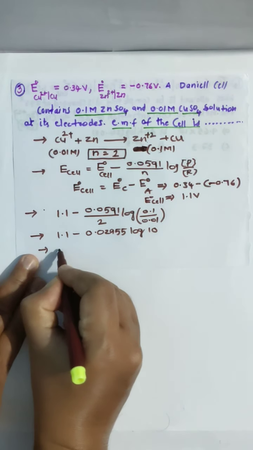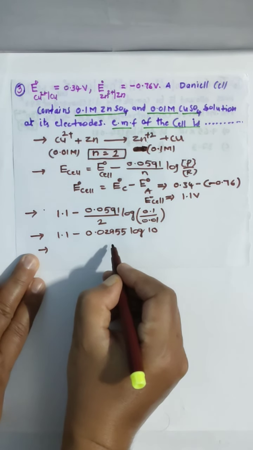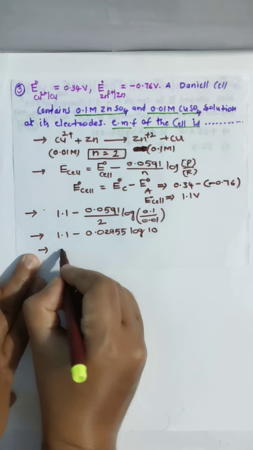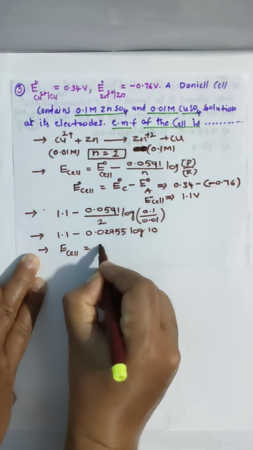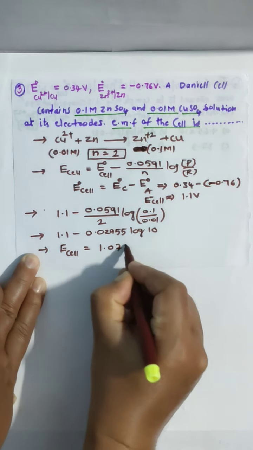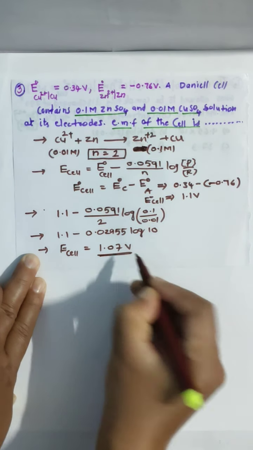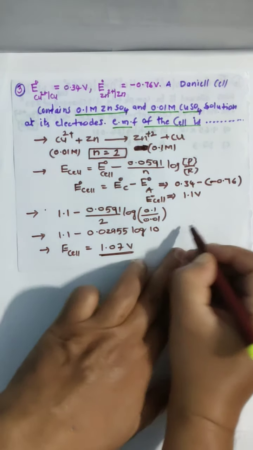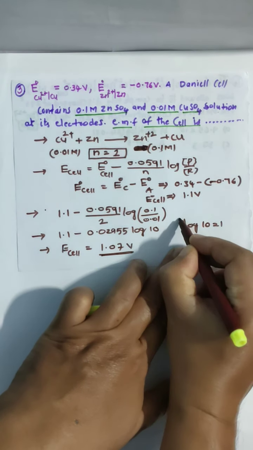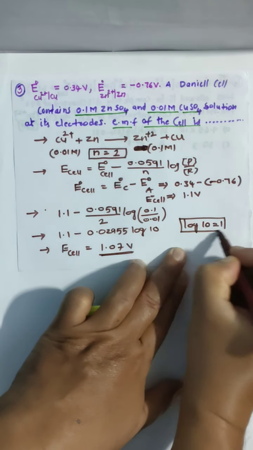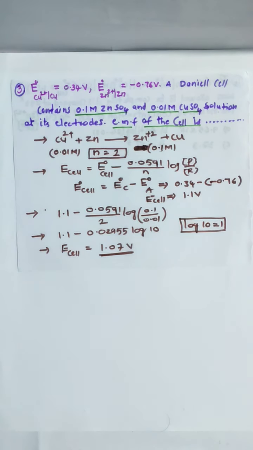If you simplify this, E cell equals 1.07 volt. Log 10 value is 1, as you already know.